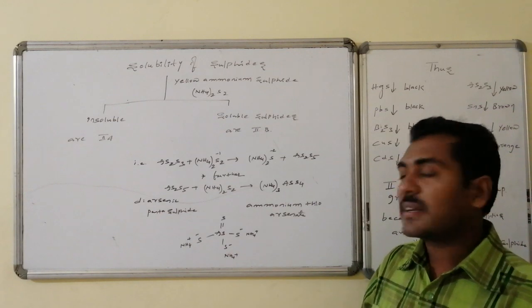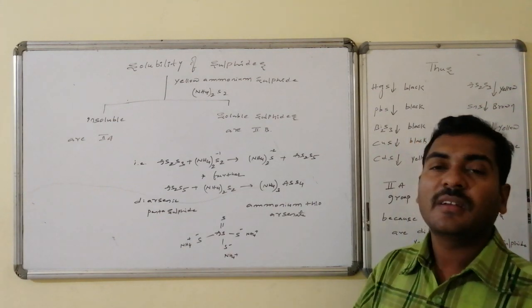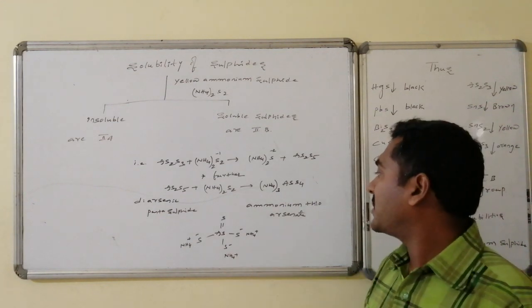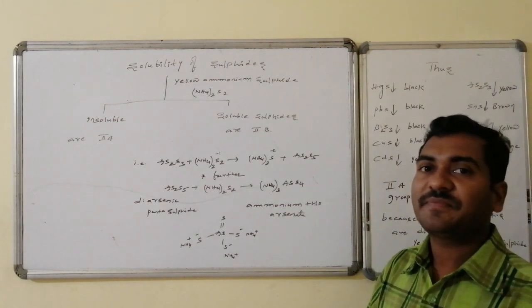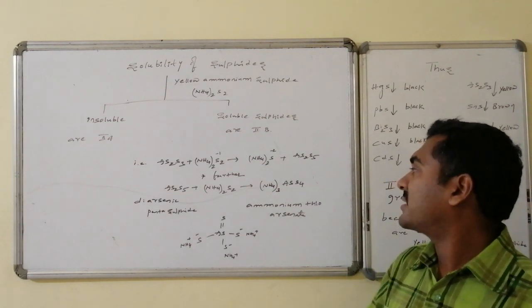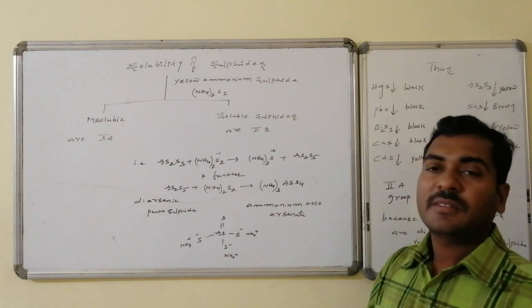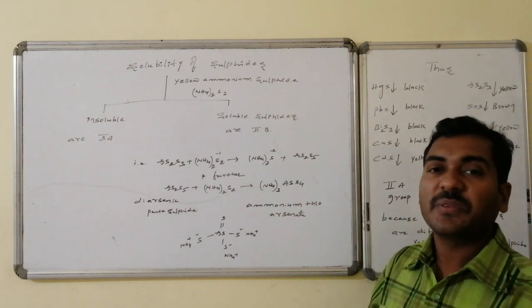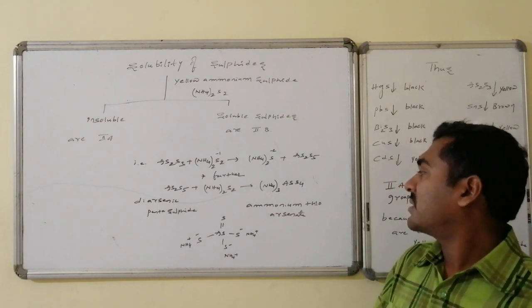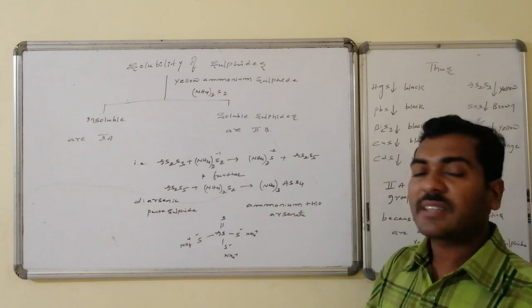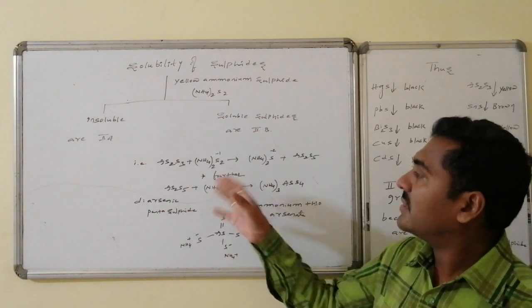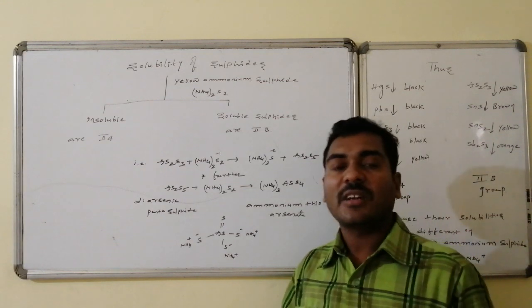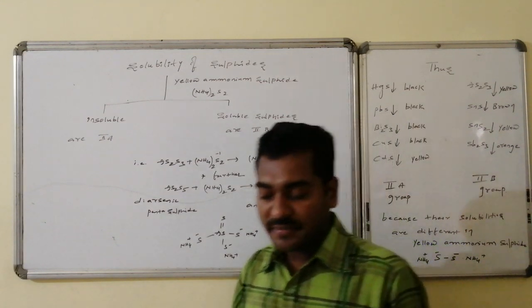This diarsenic pentasulfide, on further reaction with the yellow ammonium sulfide, is converted to ammonium thioarsenate, like the phosphoric acid derivative of H3PO4 type. It is soluble in water. That is why diarsenic trisulfide is soluble in yellow ammonium sulfide.